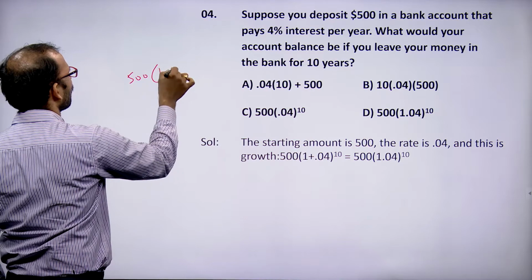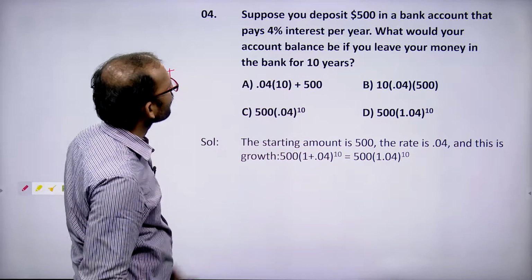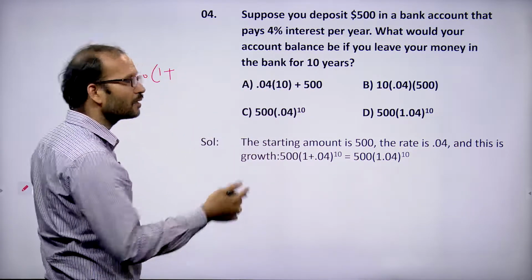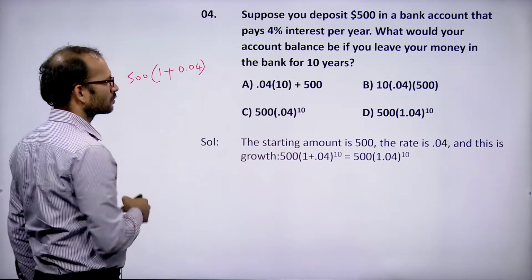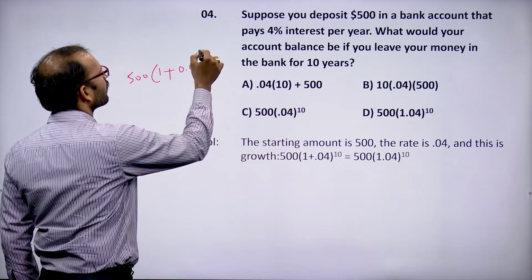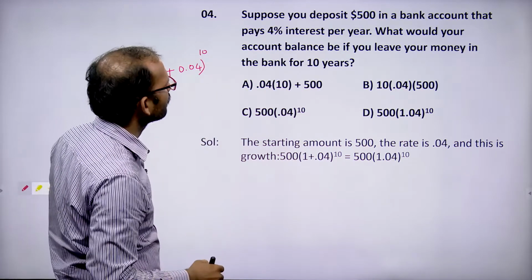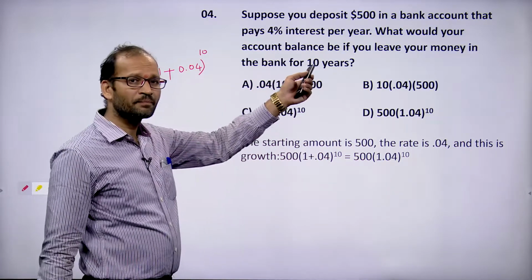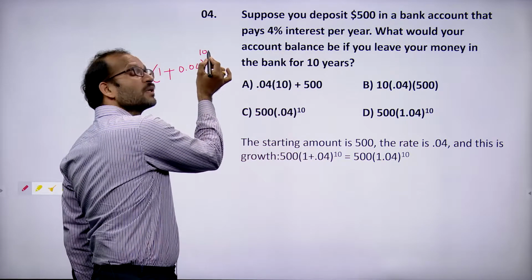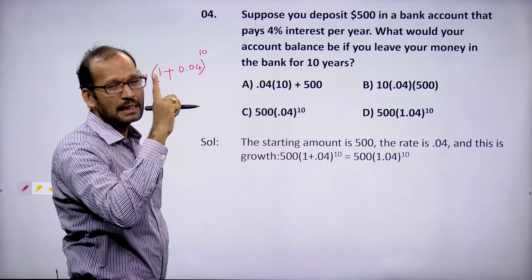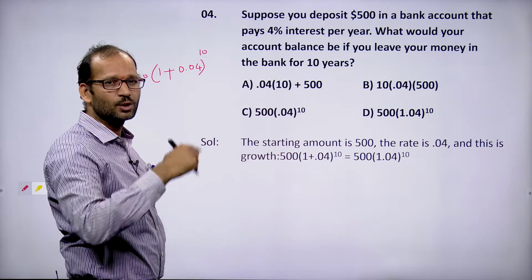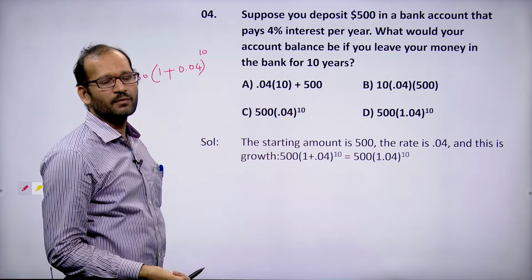$500 times (1 plus 0.04), because it is increasing 4% every time, whole power 10, because you are leaving it for 10 years. Actually this is C into T. C is 1 for 4% per annum, and T is the number of years you are investing the amount, 10 years.